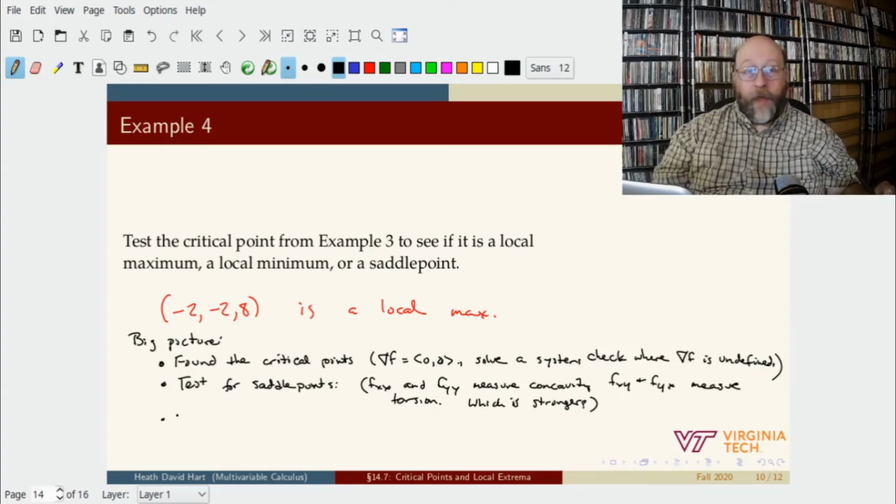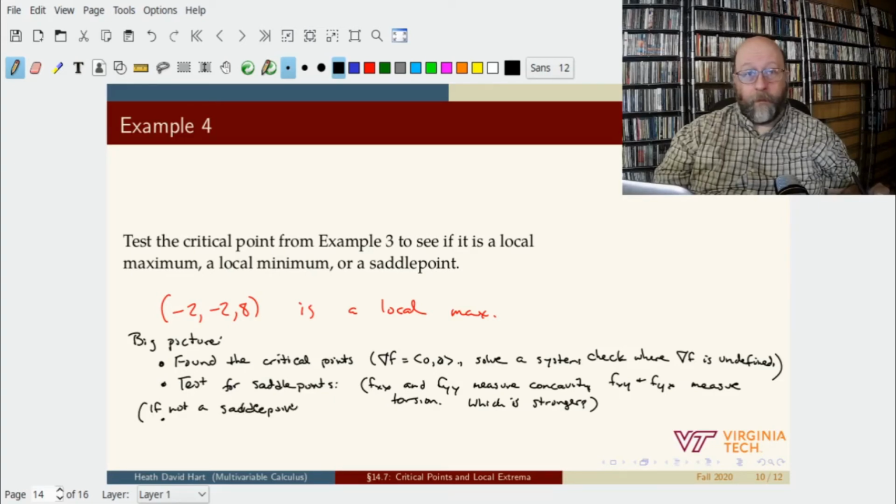And then, if it's not a saddle point, we just had to test the concavity to see if it was a maximum or minimum. Concave up meant that our critical point was a local minimum, and concave down meant that we had a local maximum.